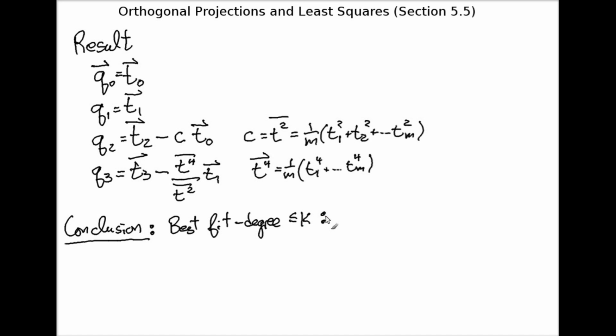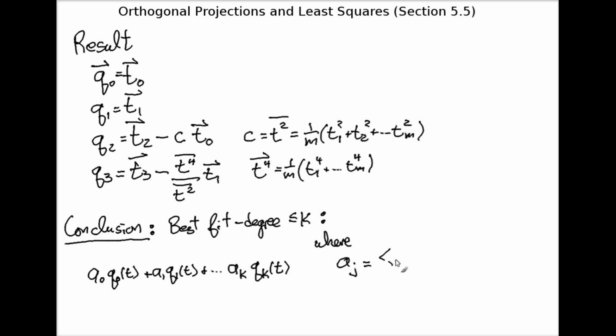It's a0 q0 of t plus a1 q1 of t plus dot dot dot ak qk of t, where aj is the inner product of this vector qj that I wrote down with the target vector, divided by the length of qj squared.